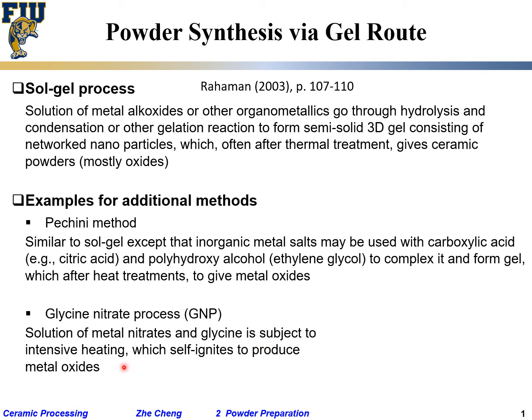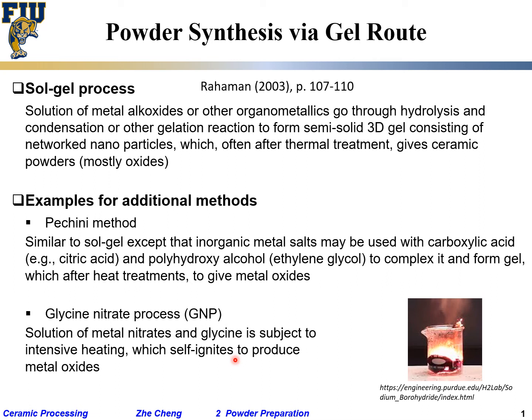Subject to intensive heating, you quite often put it on a hot plate and it self-ignites. It has organics in there. It has nitrate, and the nitrate group gives out oxygen, so it would self-combust, an intensive reaction to produce metal oxide.